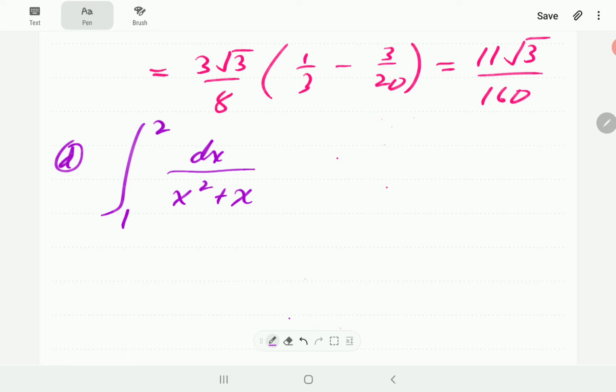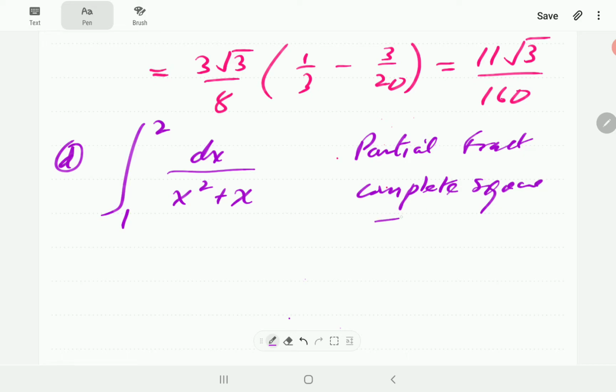But between those two, you can use either of them. Typically, partial fractions works out shorter or less challenging than trigonometric substitution.